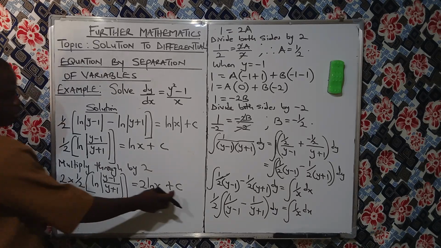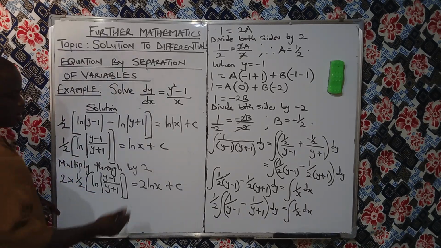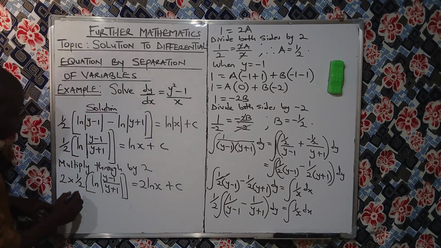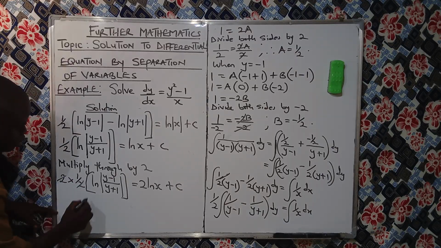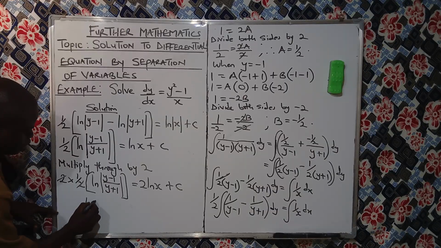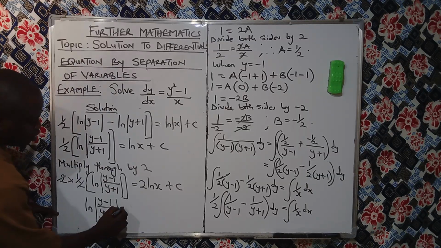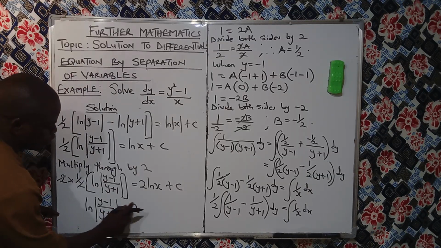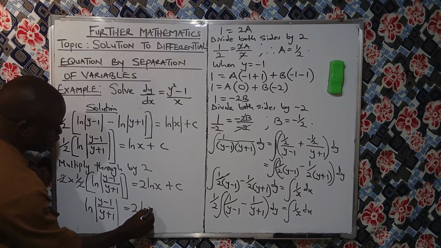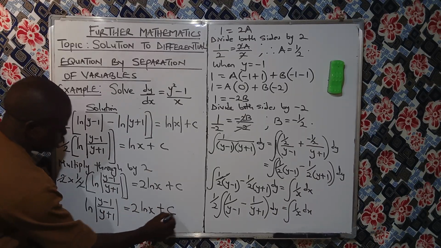You don't need to multiply this constant with 2 because it's a constant. It's not necessary. Now 2 cancels these 2. You're having ln y minus 1 over y plus 1 equals 2 ln x plus c.